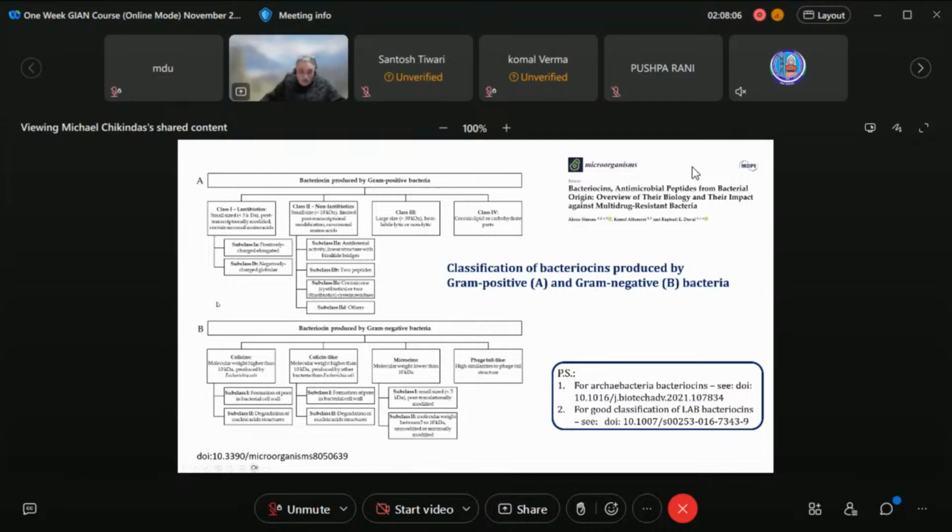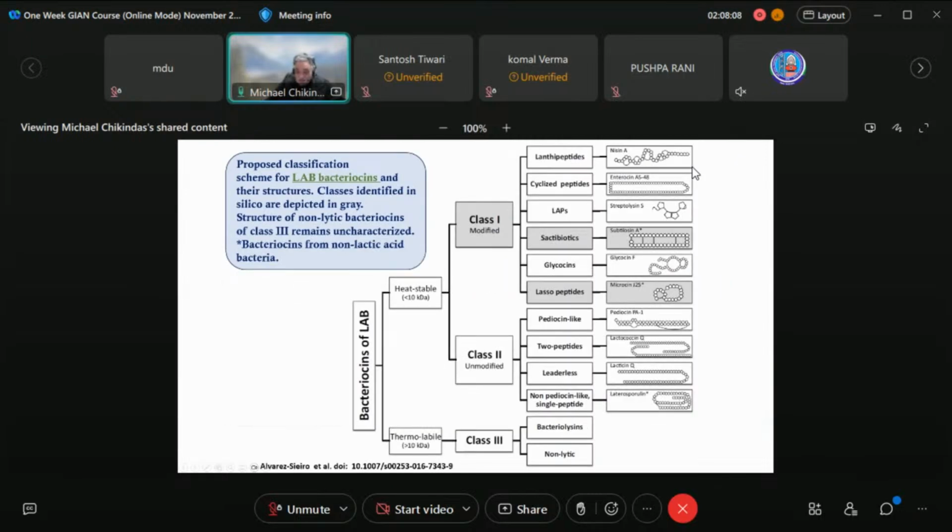He knows this stuff, and since we are dealing a lot of times with lactic acid bacteria through the course of our today's and previous sessions, I'm giving you a really very good classification of the bacteriocins from Gilbert and co-workers, suggested by the senior author Oscar Gilbert from the University. I think he retired this year, but he's still a very active professional. Again, one of the gurus of bacteriocin research.